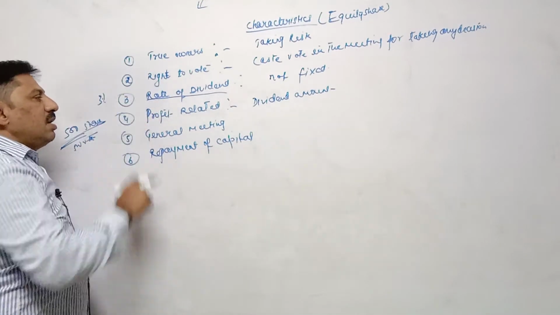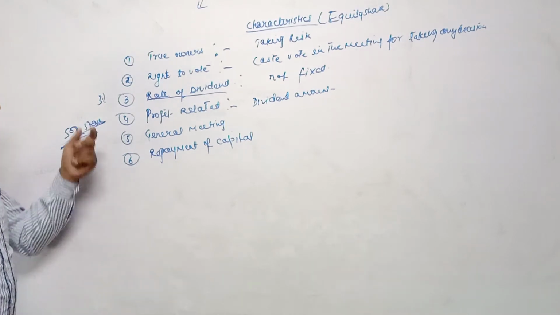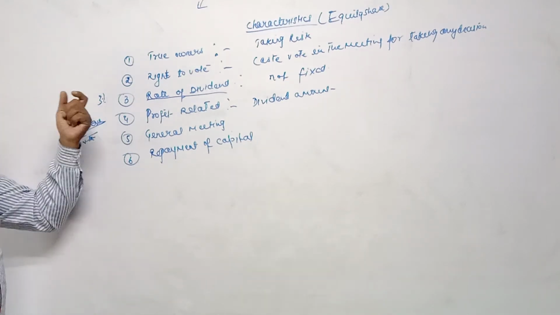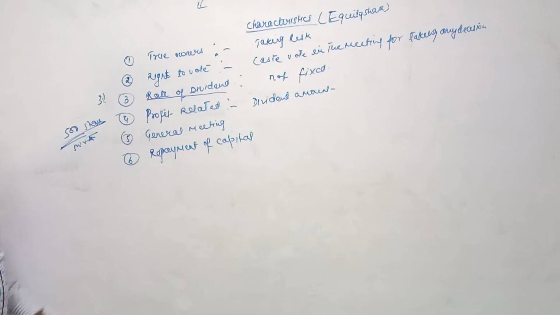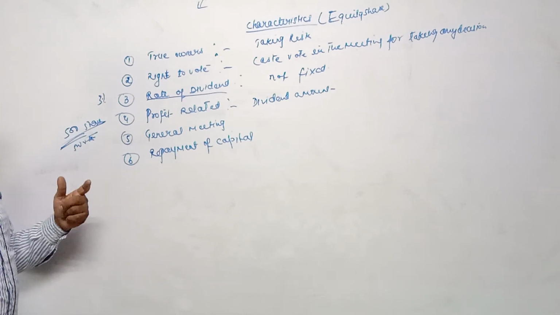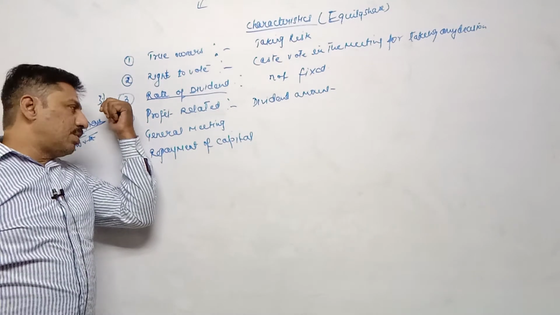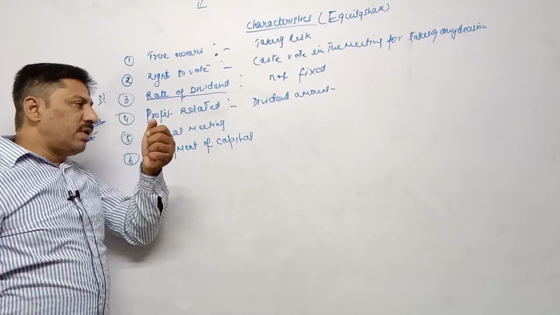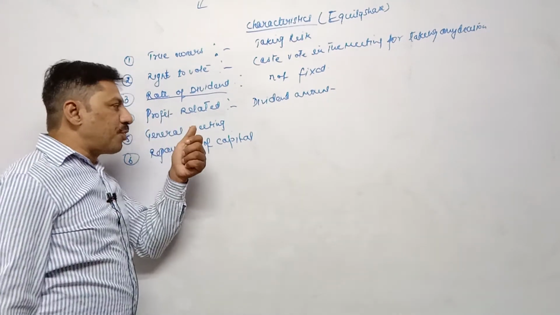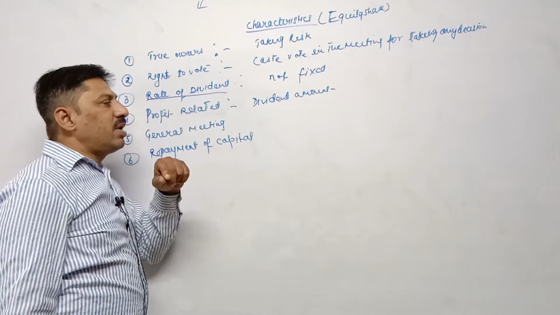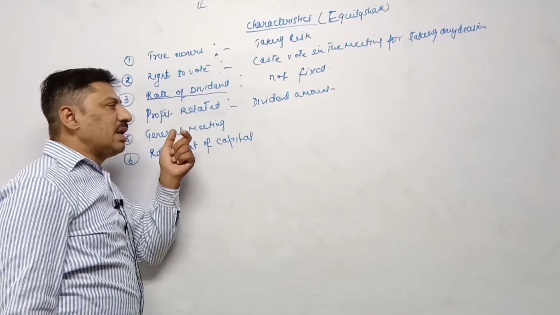Sometimes in some year the rate of dividend decided by the company is 3%, in some year 2.5%. In the same way, because we are getting dividend out of profit, it depends upon profit also. If profit is high, we will get high dividend. If profit is less, we will get less dividend.